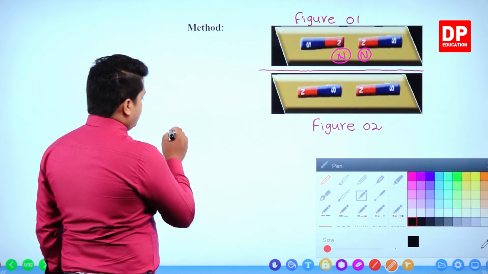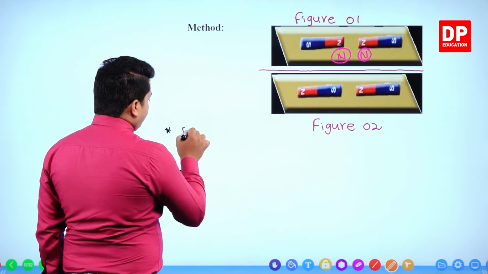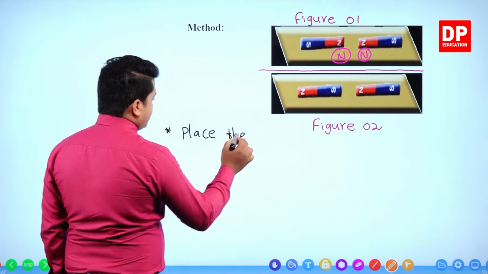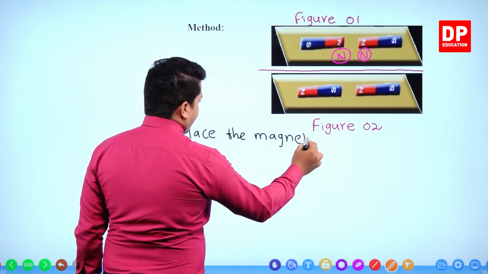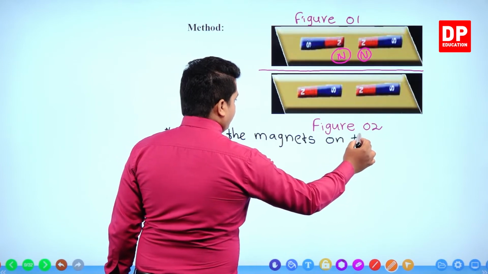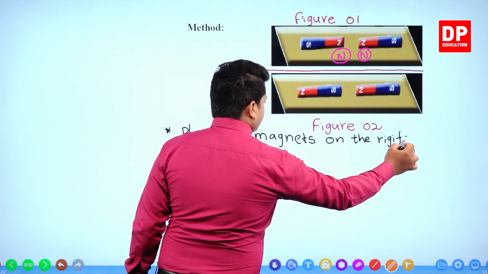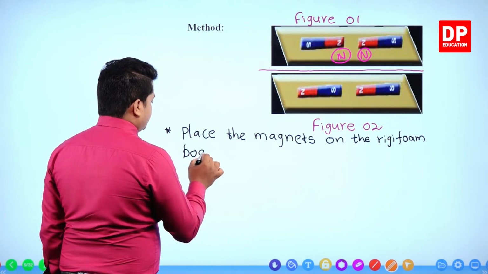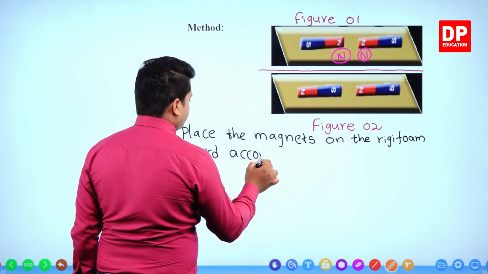Right. So first, what you have to do? Place the magnets on the thermocol board according to figure 1.